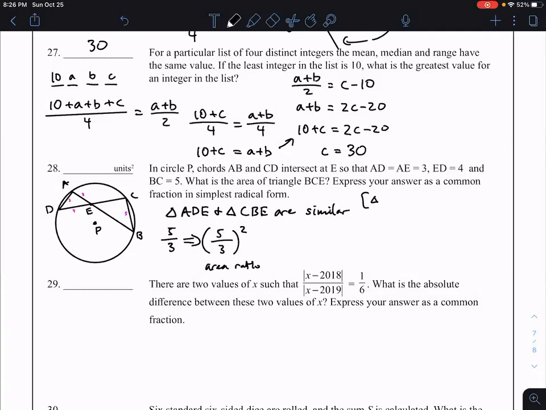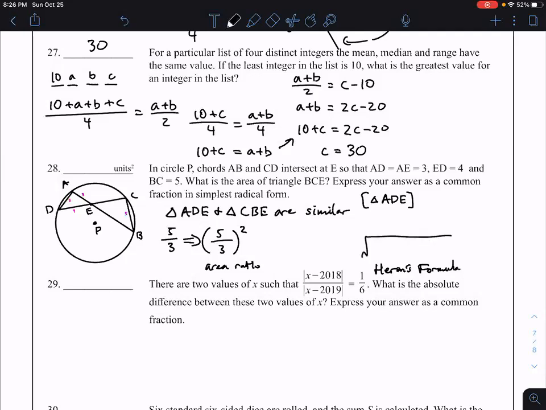So the area of triangle ADE, we're going to use Heron's formula. And Heron's formula basically says that if you know all the side lengths of a triangle, then you can solve for its area.